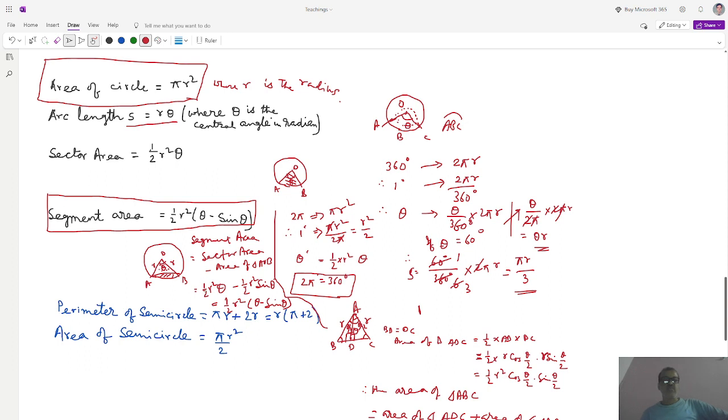This equals the sector area, which we know equals half r square theta, and the area of this triangle AOB equals half r square sine theta. So the segment area equals half r square into theta minus sine theta.